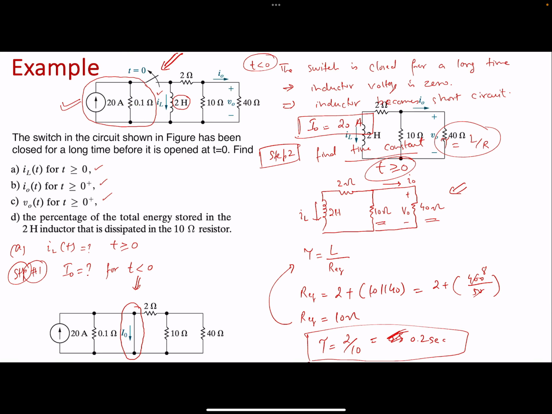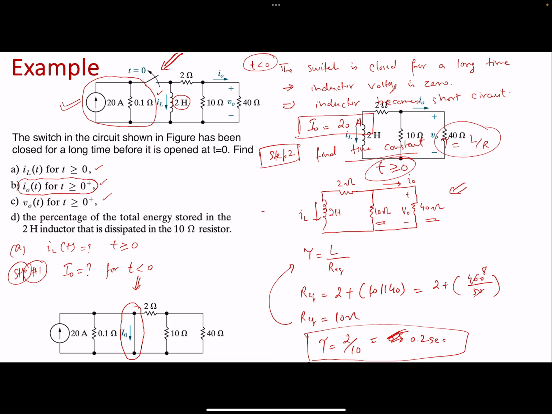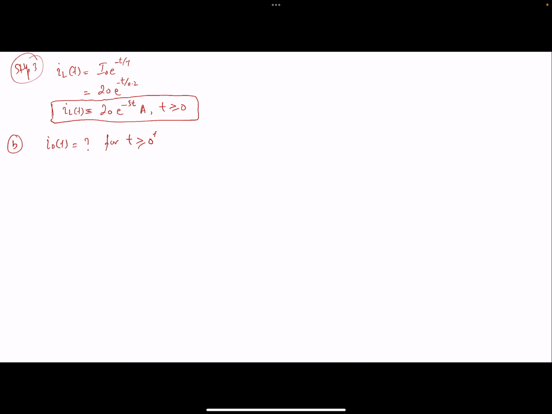Now let's do the second part of the problem, which is part B, finding the value of I naught of t, for t greater than or equal to 0 positive. Again, the circuit is represented over here for t greater than or equal to 0, and I can redraw the circuit very quickly if this helps.